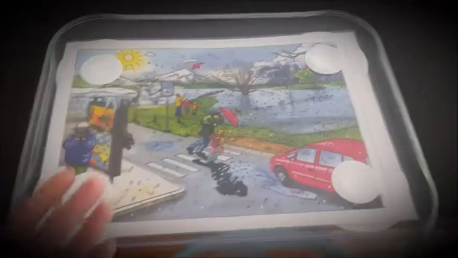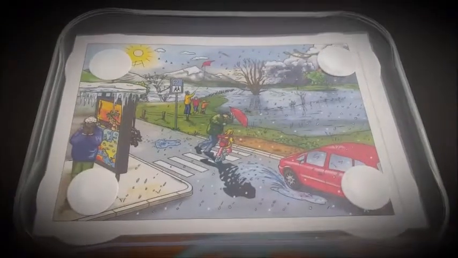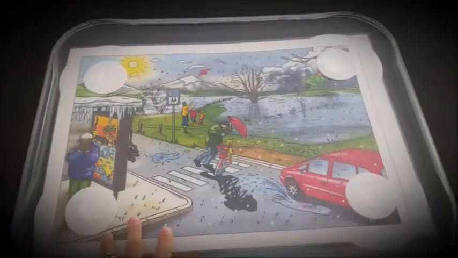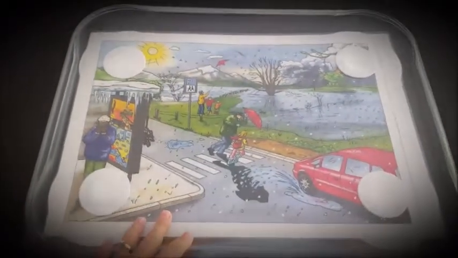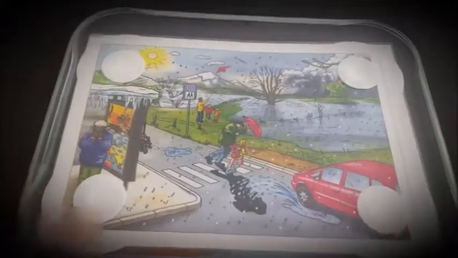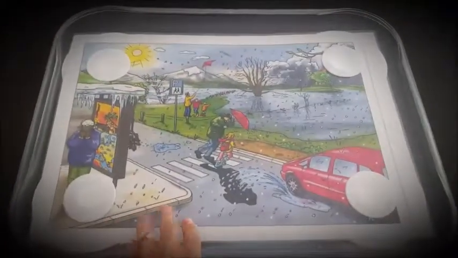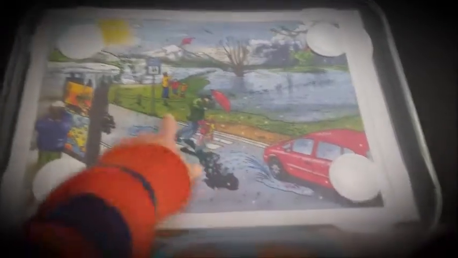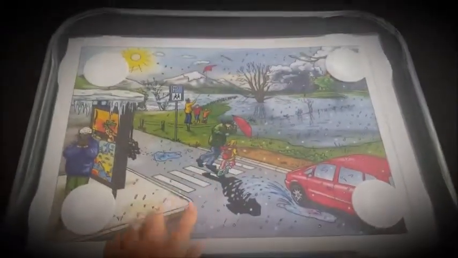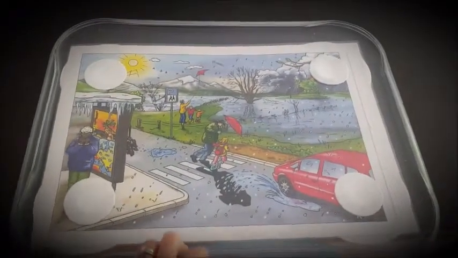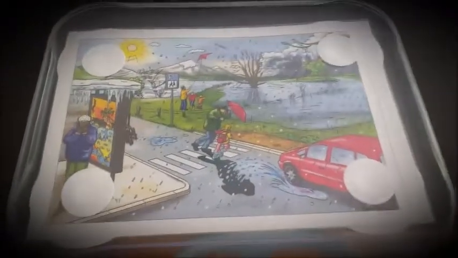So what happens is that when my baby girl sits down, she starts pointing at things that she likes about the picture. And what I do, or what my husband does, is then comment and tell a little story about what's happening at that precise spot. For instance, oh look, a man is crossing the road and it's raining and the wind is blowing.